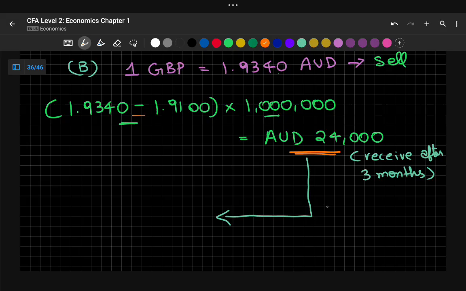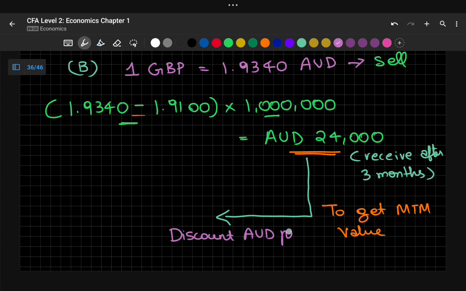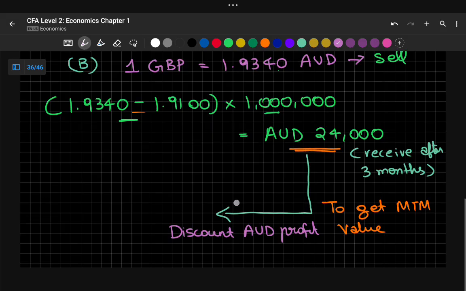Hence, to get the MTM value, that is the present value, Ria will have to discount the AUD profit, because this profit is in terms of AUD. To discount it by 3 months, you need to use the AUD MRR.